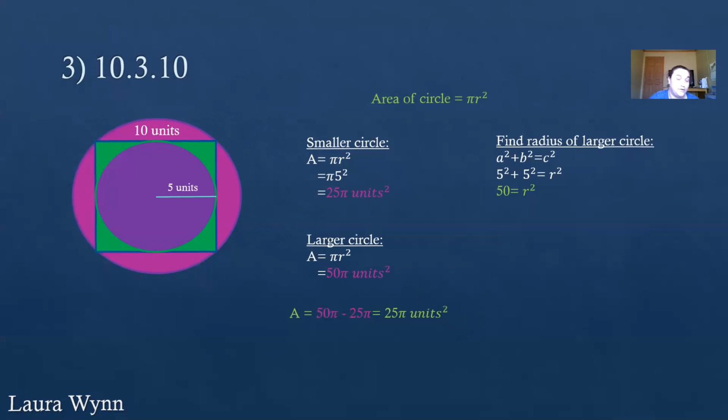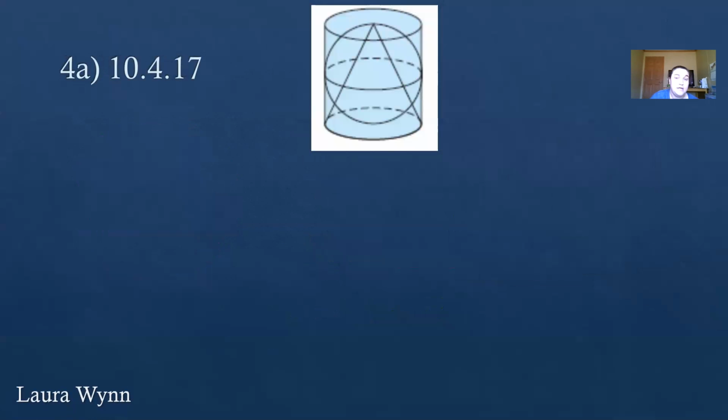Okay, let's work on our next one. This one gives us this shape here. And it wants us to, all right, it tells us that the right circular cylinder and the cone in this picture both have a base of radius r and a height of 2r, and the sphere has a radius of r, which I have in a picture.